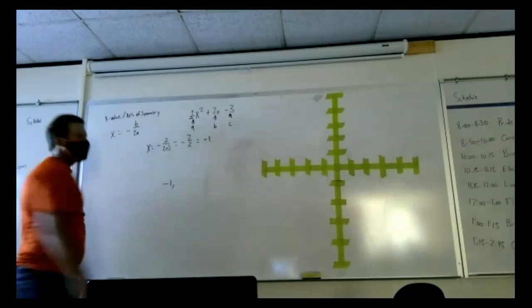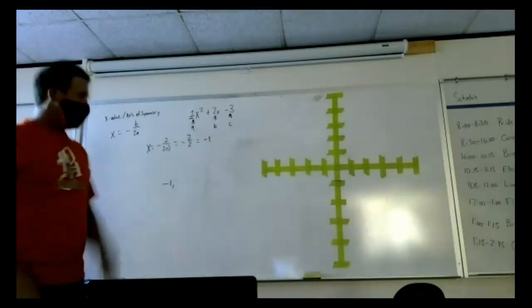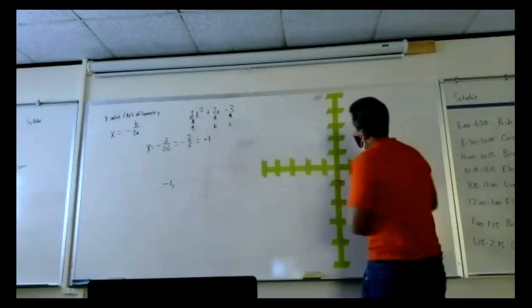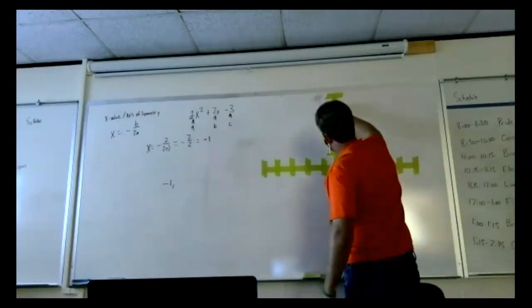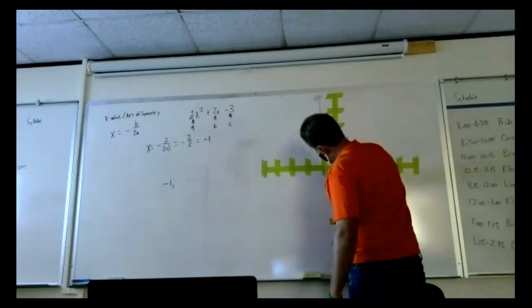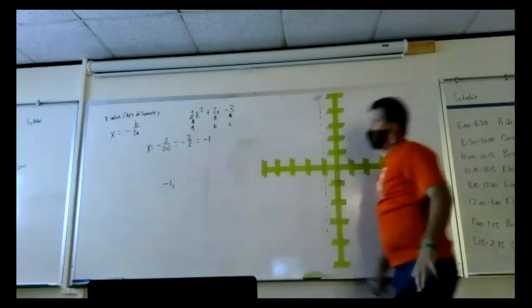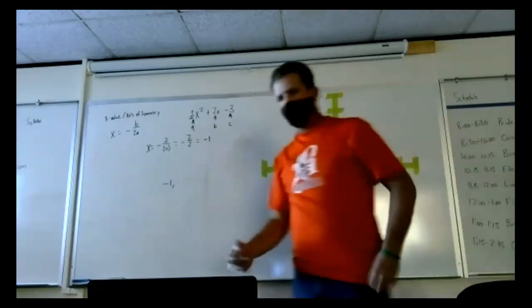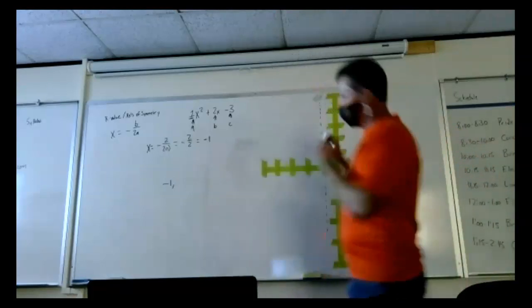Okay, and here's where we want to be strategic. We know our graph is going to be symmetrical about this line right here. So to use this efficiently, I want to plug in points that are close to this.